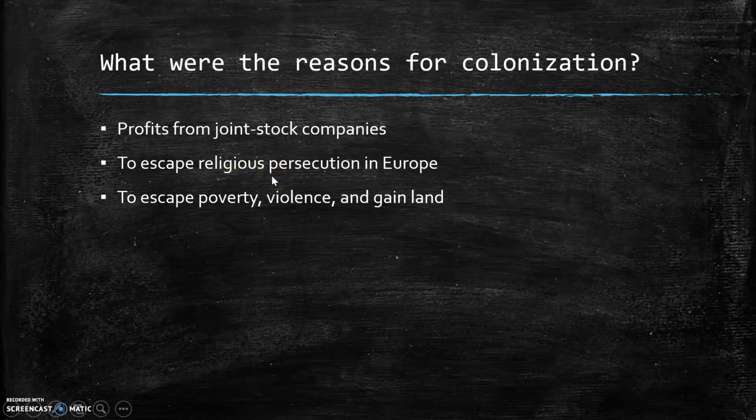In Europe, you had the English Civil War, which was really violent. It killed thousands and thousands of people, and they couldn't sustain it anymore, so they came here. Also because of violence and poverty, they wanted to gain new land. All of these reasons led to the colonization of America.